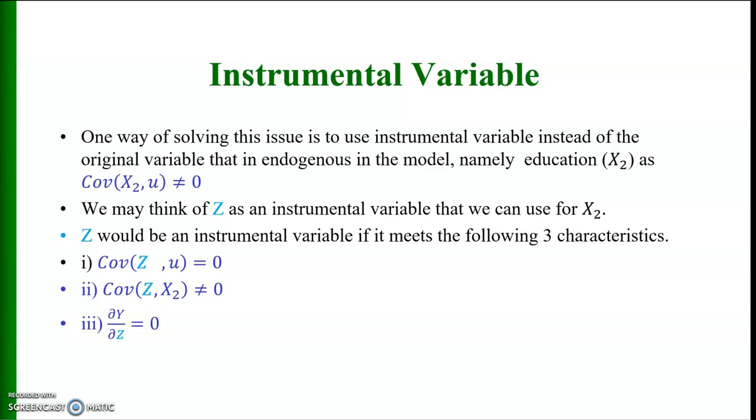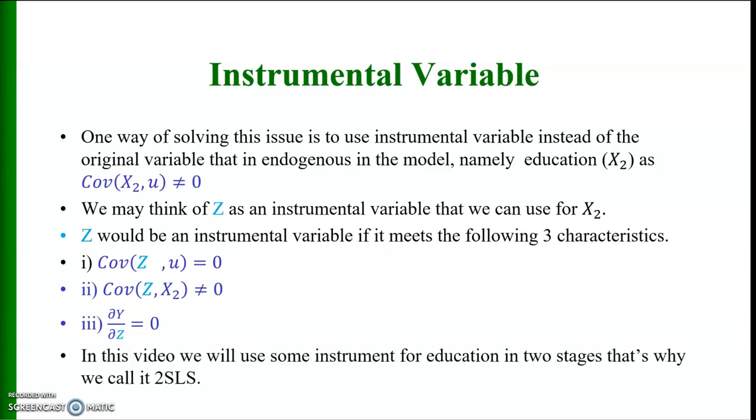So if any variable meets these properties, we may use that variable as an instrumental variable. In this video, I will use some instrument for education in the two stages as well as in the instrumental variable regression, and that is why we call it the two stages least squares method.